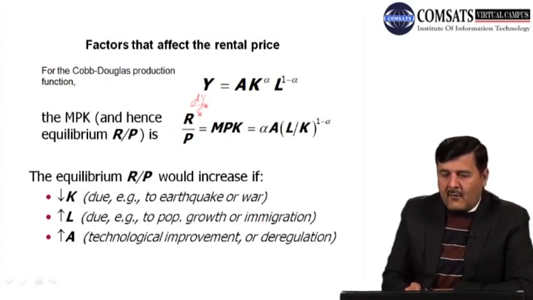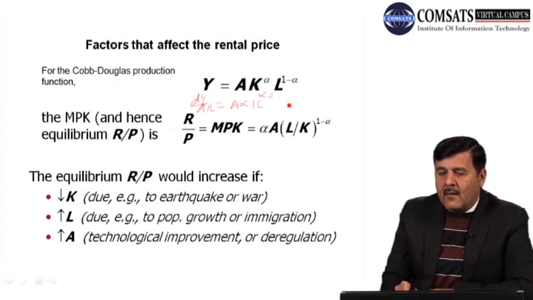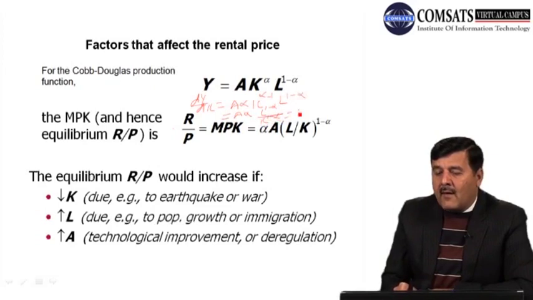If we differentiate this with respect to K, this will become A α K^(α-1) L^(1-α), or this can be written as A α L^(1-α). अगर आप इसको नीचे ले जाएं K को, it will become K^(1-α). Now after solving this, A α (L over K)^(1-α), right?